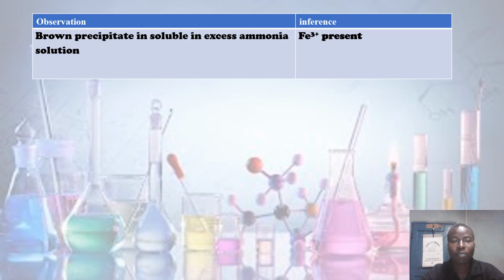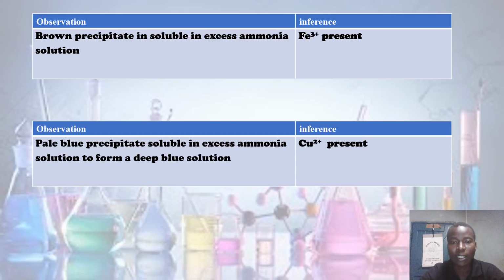If you see a brown precipitate insoluble in excess ammonia, you have iron 3 ions being present.